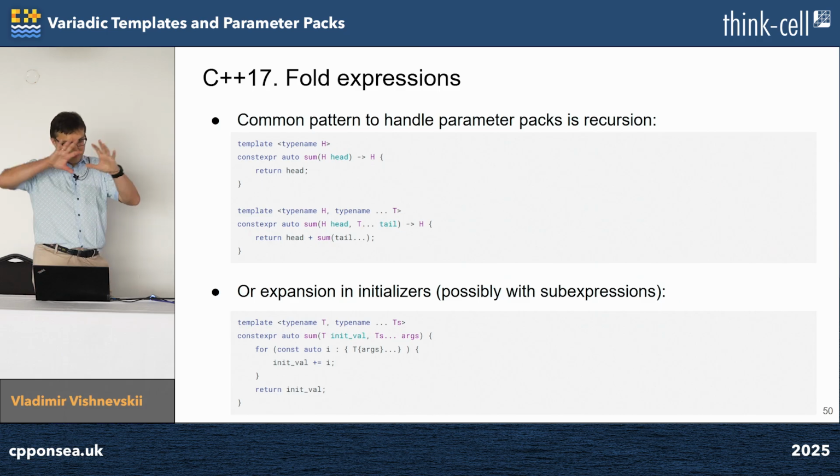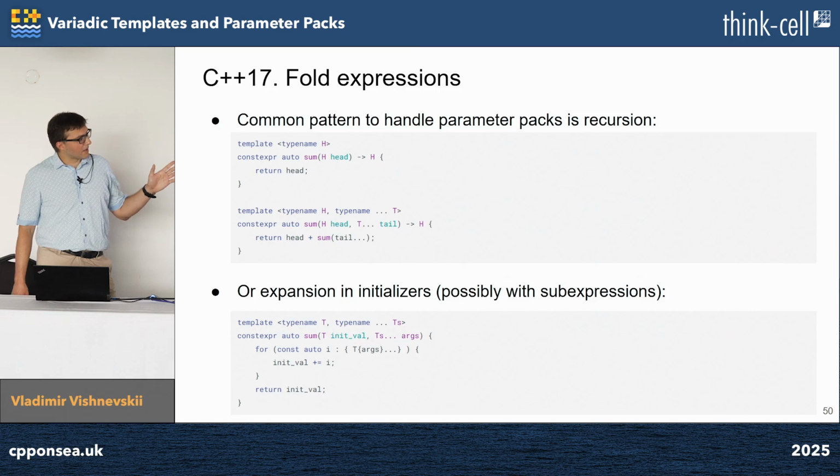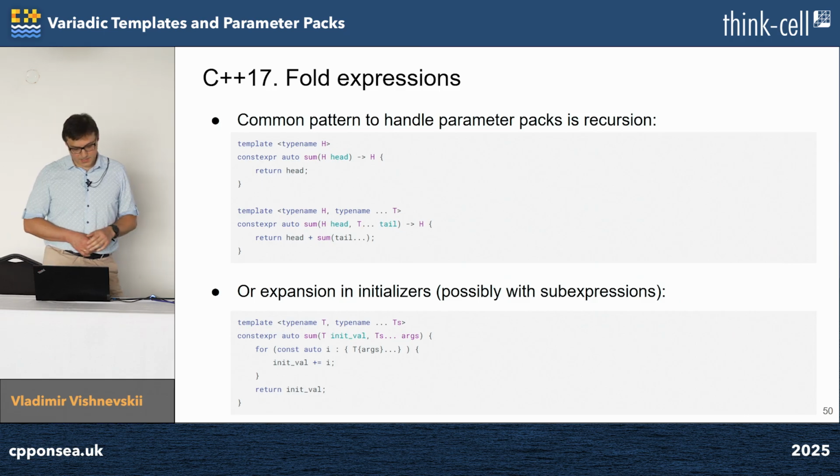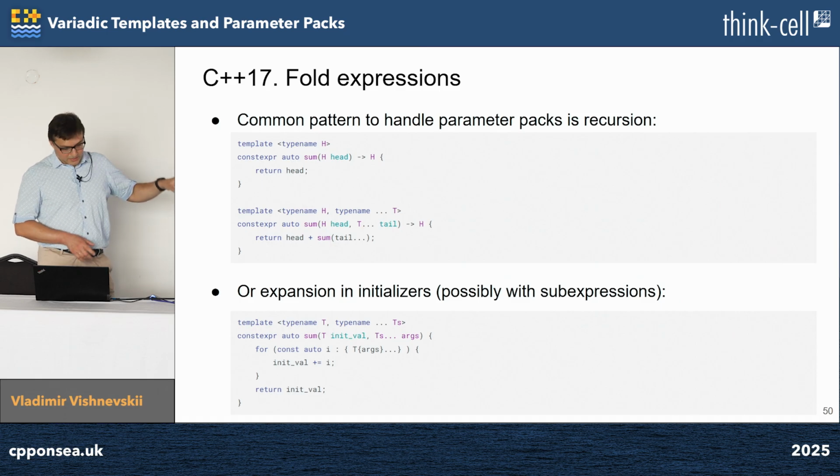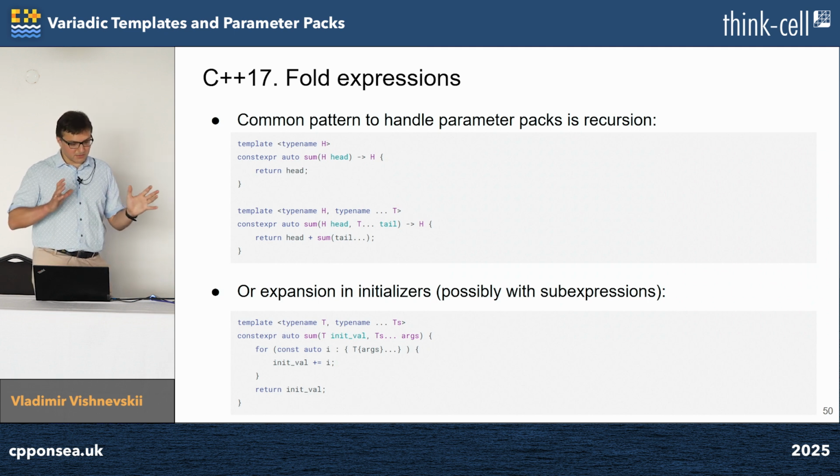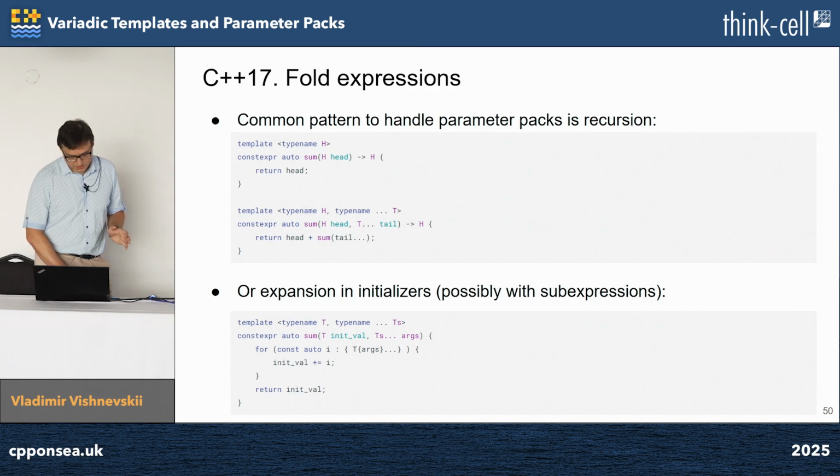We also could expand our parameter pack into some initializer or into some container, depending on whether we try to implement a constexpr function or not, because constexpr was quite limited in C++11. So there were some techniques available, but they all required a bit of complexity, let's call it like this.